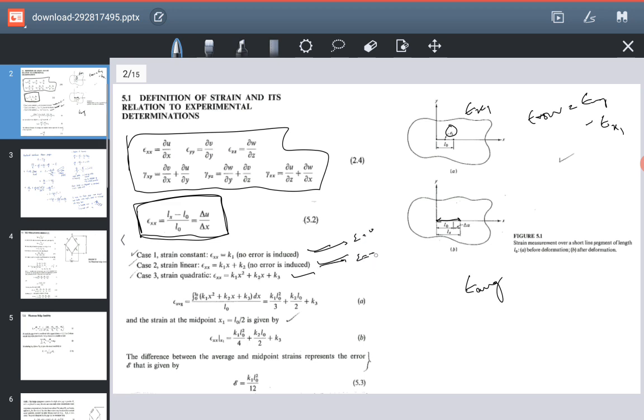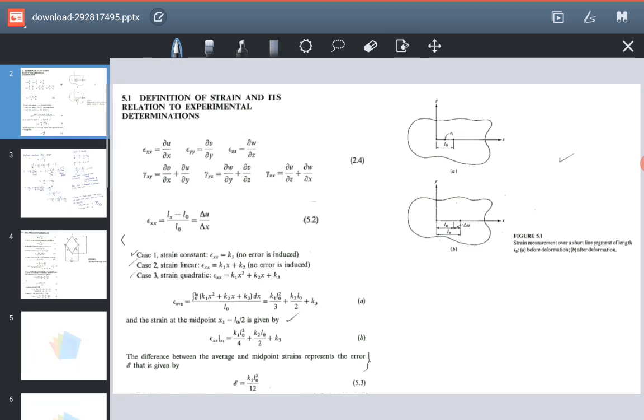But for case 3, the error is not 0. For case 1 and case 2, you can refer to the notes for how they reach this result. The simplification is quite easy. You won't have any trouble understanding it yourself, because there's nothing to explain. It's just pure mathematics and integration.